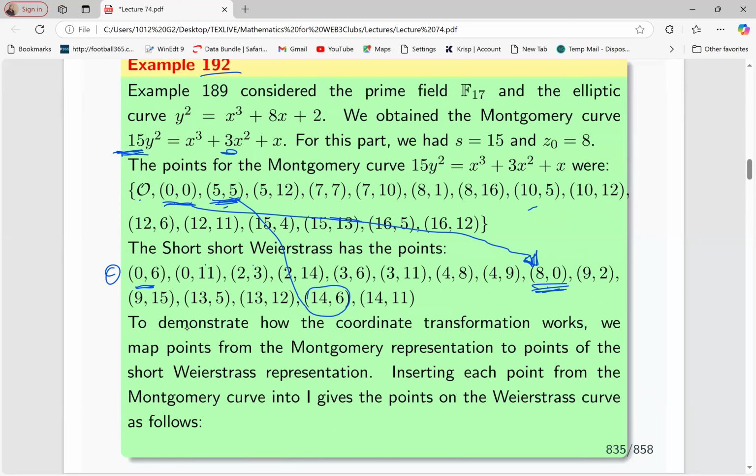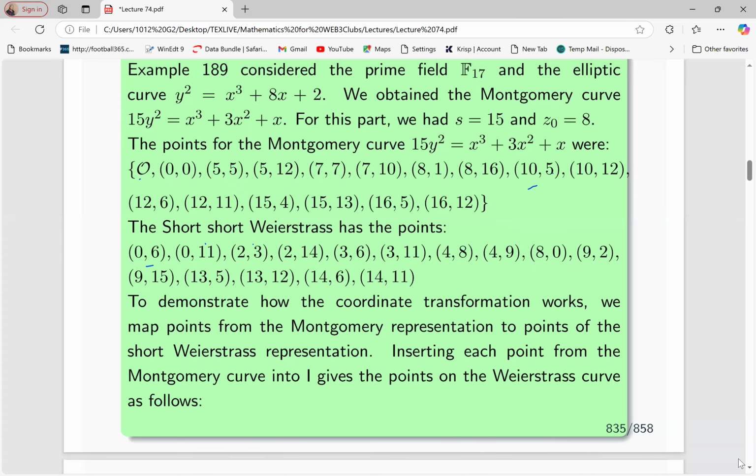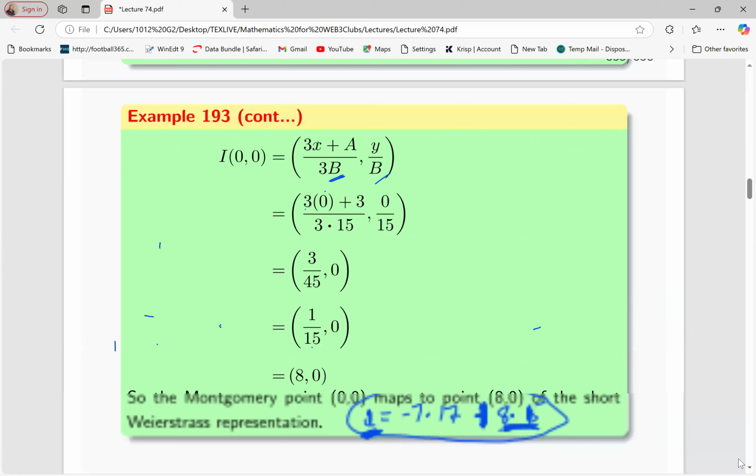So it's mapped almost to the last point. You would not have guessed that. Anybody would not have guessed where it would be mapped to until you know how to do it. So that is how we convert points on the Montgomery curve to points on short Weierstrass.